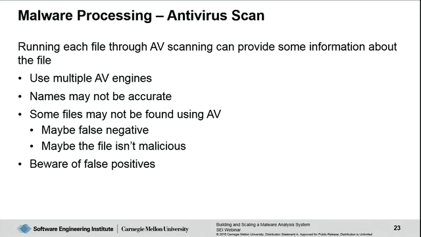I think we're all familiar with antivirus products, where it will say, okay, this comes back as normal, or this comes back as something malicious or maybe just suspicious. A lot of times it won't know what it is or what to classify it as, but it'll say that it's doing something unusual.